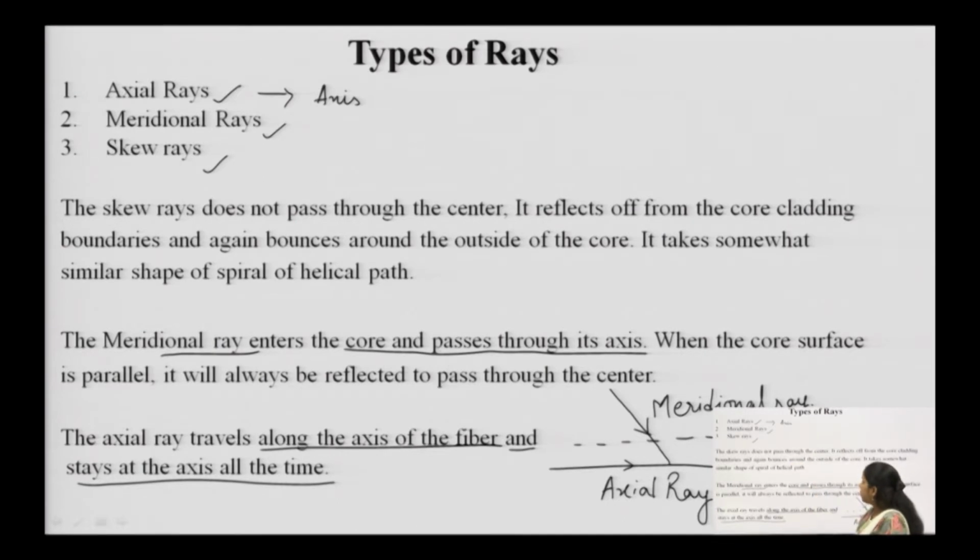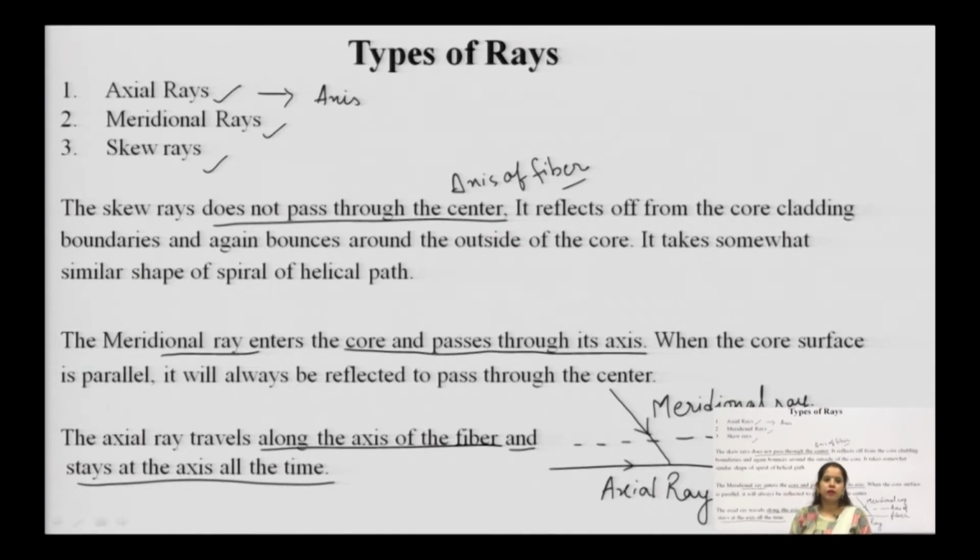Now, we are moving towards the third one, that is the skew rays. Skew rays are also one of the most important types of rays we come across in optical communication. But again, the difference is that skew rays do not pass through the center, that means they do not pass through the axis of the fiber.